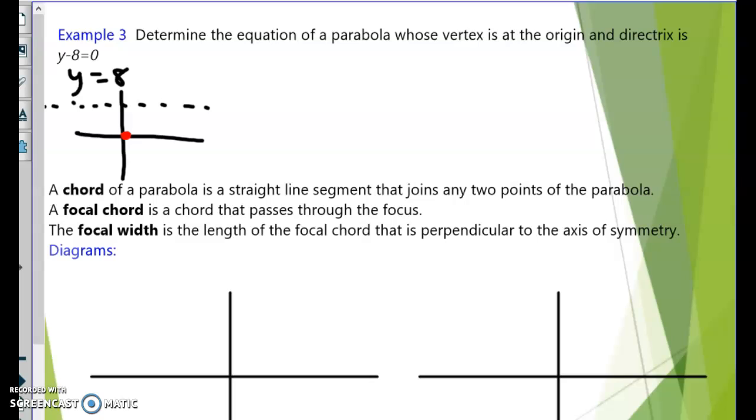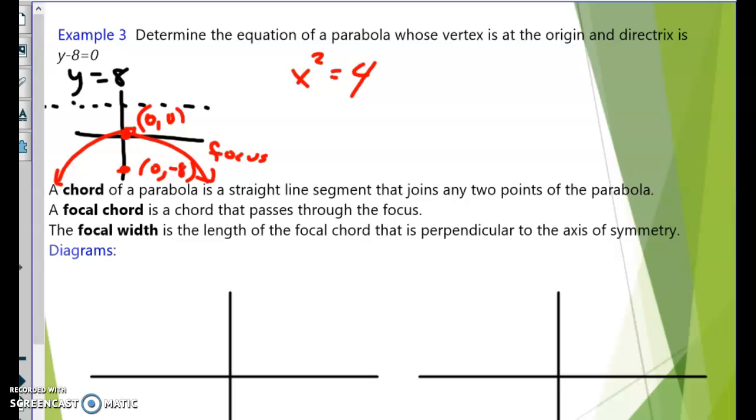And so if it's opening this way, right there would be my focus at (0, negative 8). So for the equation of this parabola, since my vertex is at (0, 0), which is very important, I'm going to have (x minus 0) squared equals 4p, which is part of the formula.